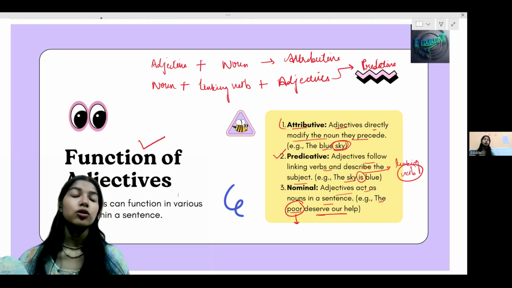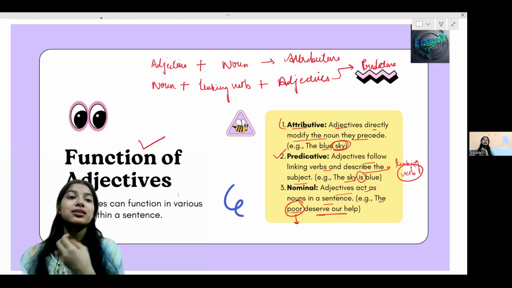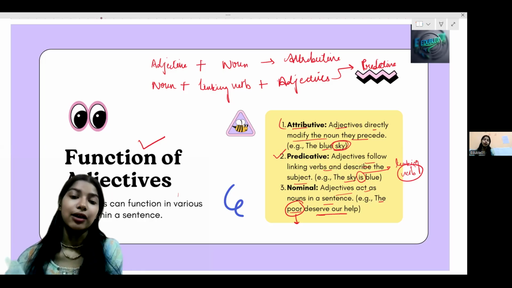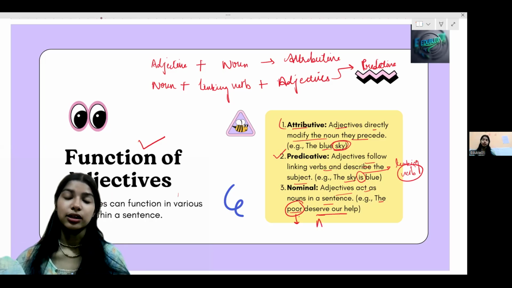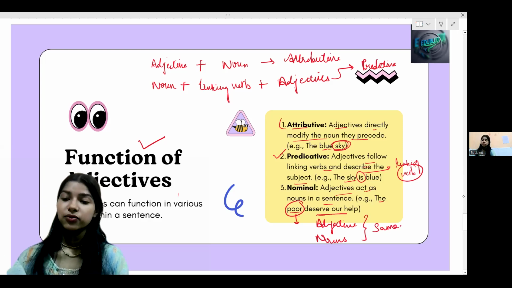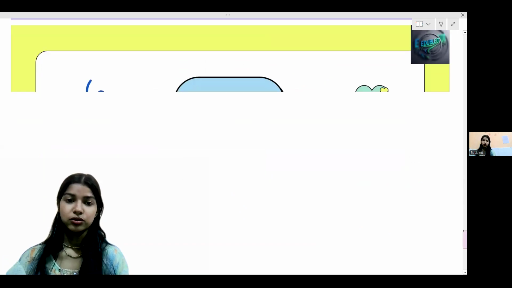And the word poor is also describing the state of being of the noun, that is the poor itself. So here in this case, the adjective and the noun both are the same. Okay, so we use the adjectives in that case also.